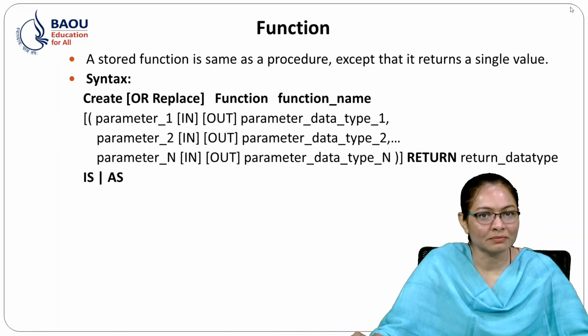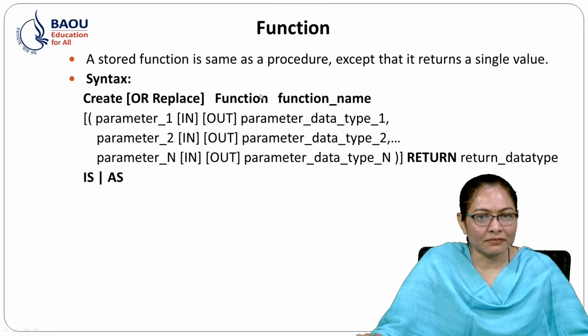See in the syntax. Here, the function name is the user-defined function name. Create or replace function. Create means it will create the new function, and replace means if this function name exists, then it will be replaced by this new code.